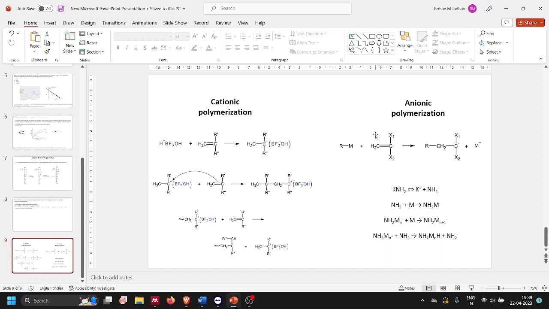Polar solvents are very important because polar solvents maintain the stability of the anion radical, and they help to solvate the cation species and suppress them. So basically, anion species remain stable in that case, and that's why it is very important.